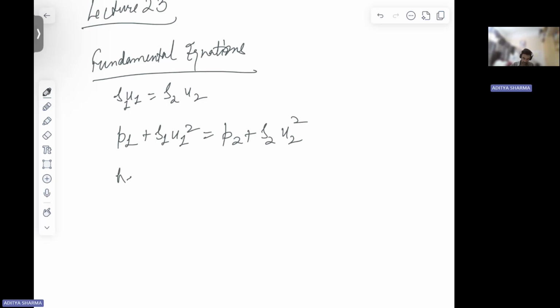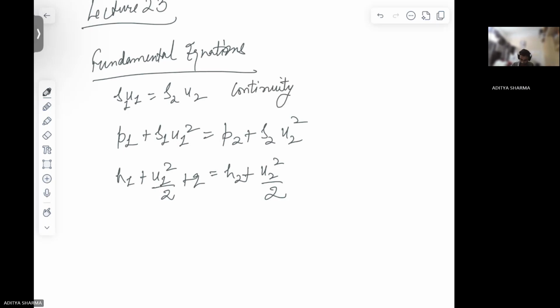Then your energy equation is h1 plus u1 square by 2 plus q is equal to h2 plus u2 square by 2. So this is your energy equation.